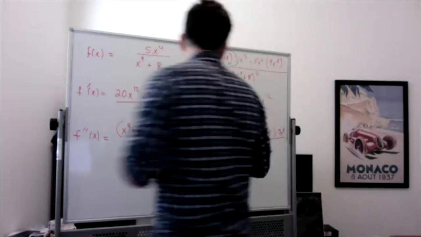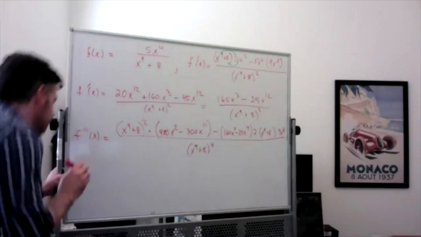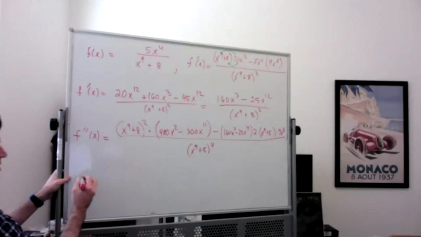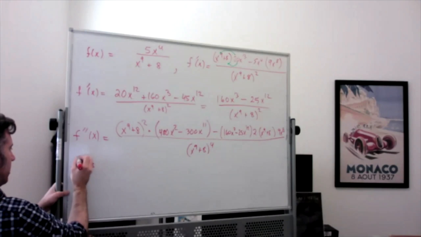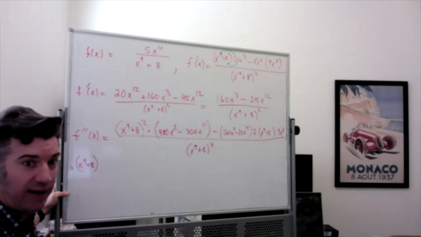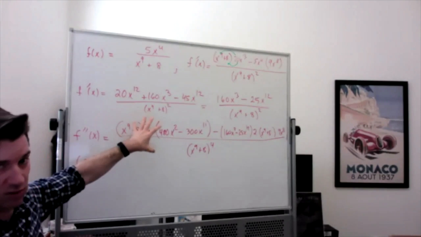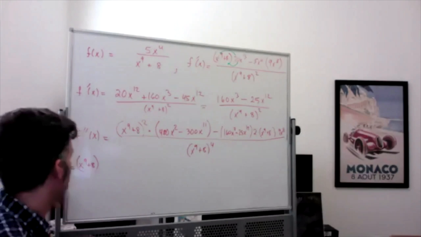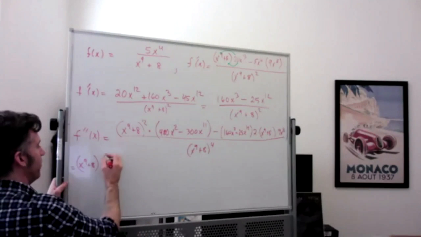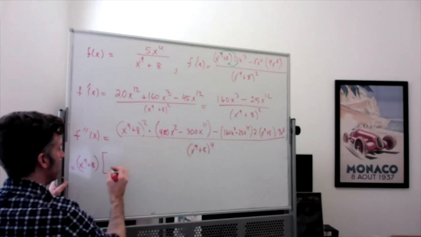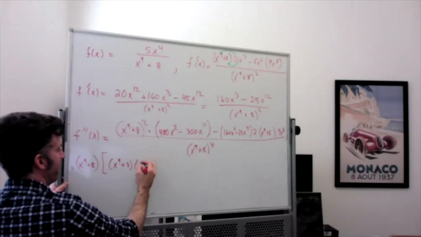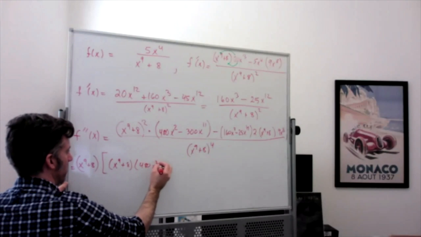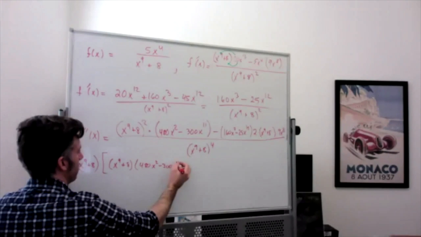So the simplification that often happens in a problem like this is we factor out the x to the 9 plus 8, and we write this as x to the 9 plus 8 times. Now, I'm not saying you have to do this. You could totally just type in this sort of thing, although this looks terrible. When we factor out x to the 9 plus 8, I'm left with, in this first part, x to the 9th plus 8 times 480x squared minus 300x to the 11th.